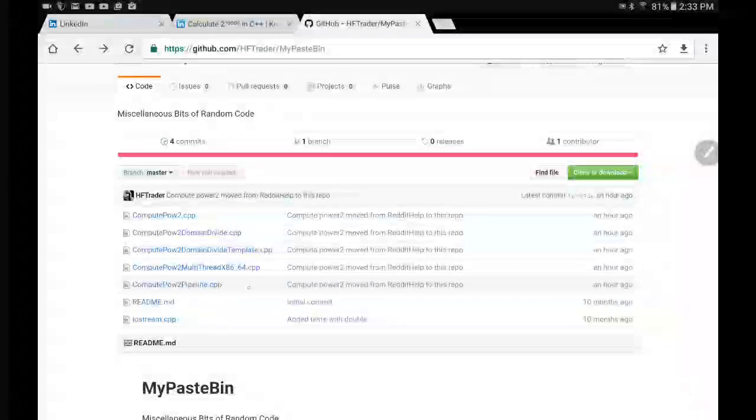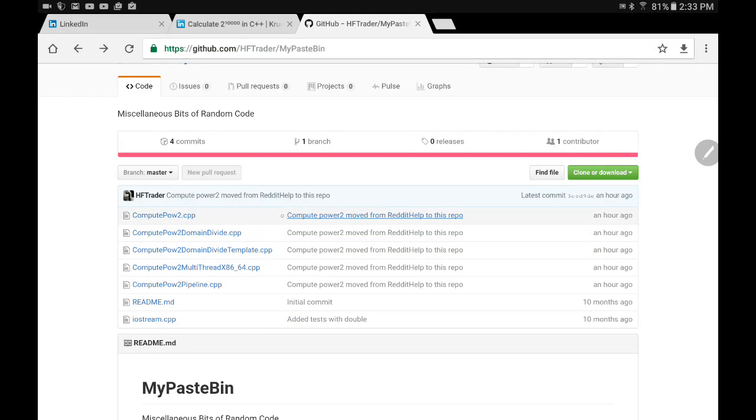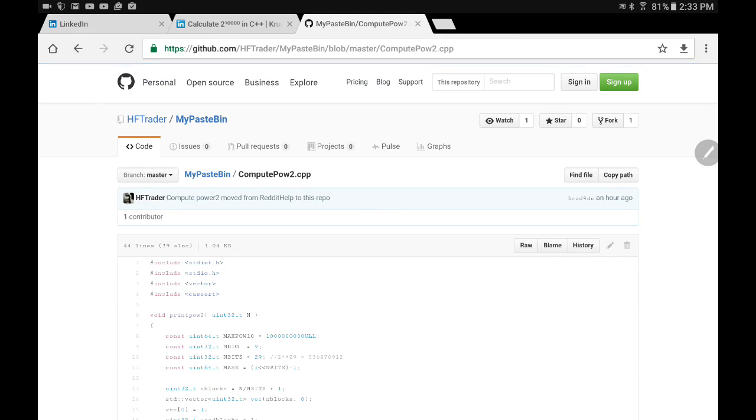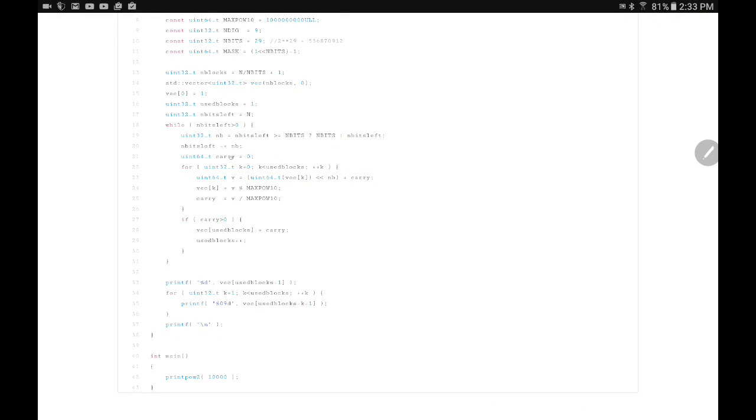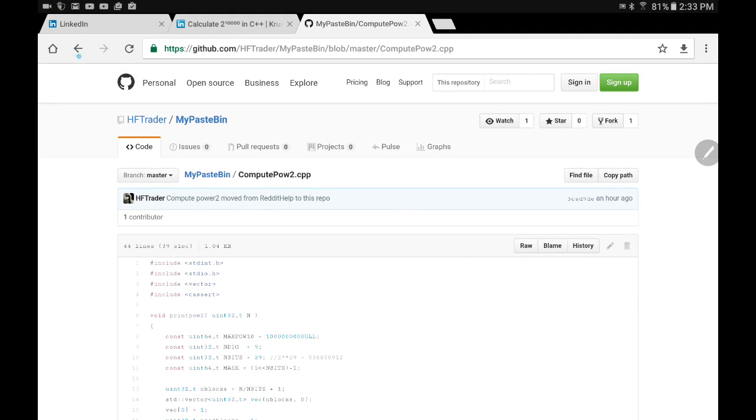It's HFTrader, which stands for either my first two initials or high frequency trader, and in my Pastebin. There are 1, 2, 3, 4, 5 versions of it. The first version is the serial one. It's very simple. It's just computing the blocks and computing the carry and bringing it on.